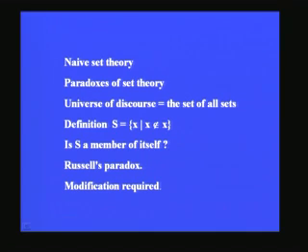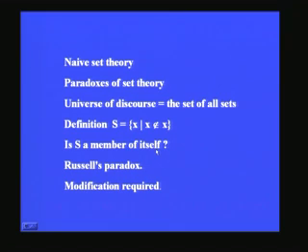Consider the universe of discourse. Let the underlying set be the set of all sets. Then define a set S like this. It consists of all sets which do not belong to themselves. Now, the question: is S a member of itself?